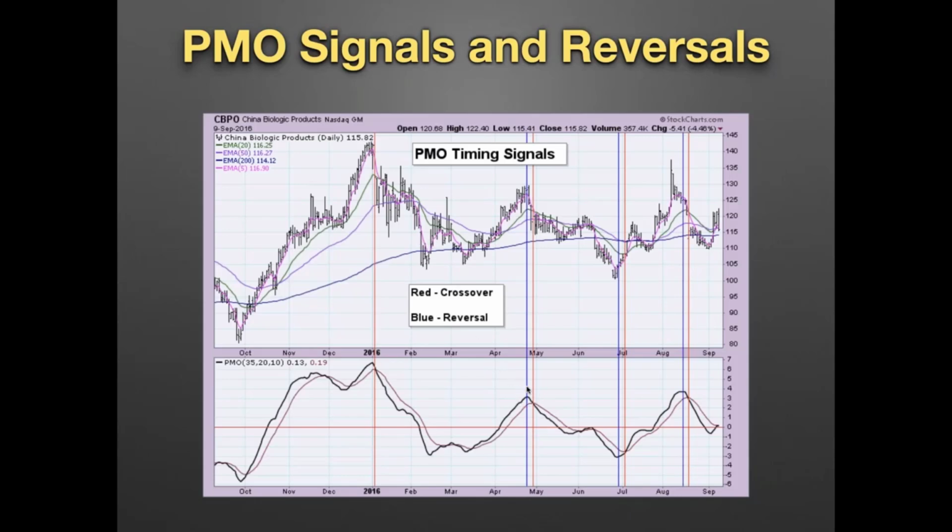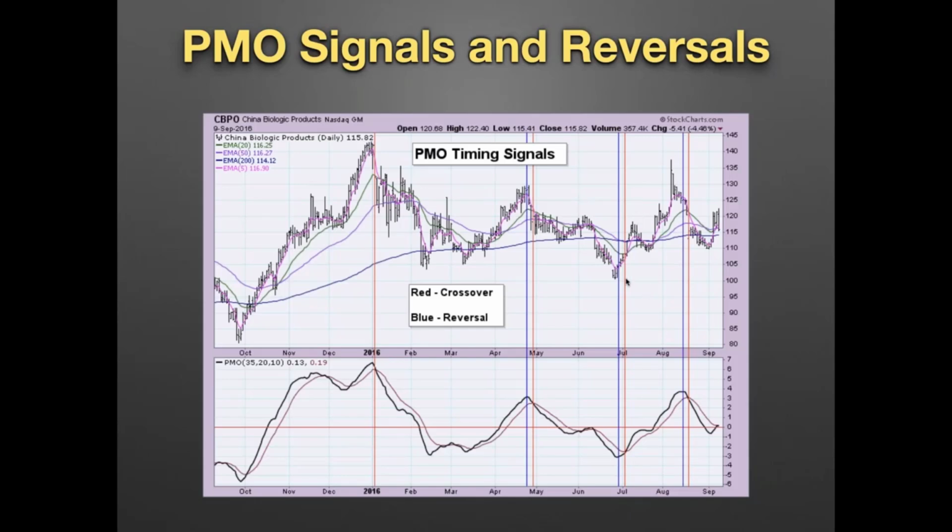You get a top in the PMO, that tells you to keep an eye out for a possible decline. We got a decline, we got a second decline, and that's when we got the PMO sell signal on the crossover. Here's where we had the shift in the momentum moving higher from that bottom. That was an indication that we should pay attention. This could be a bottom. We got the crossover signal and we got the follow through.